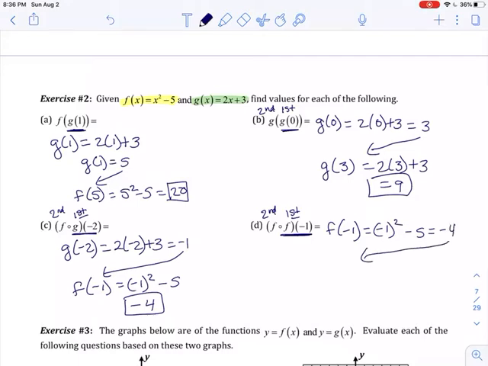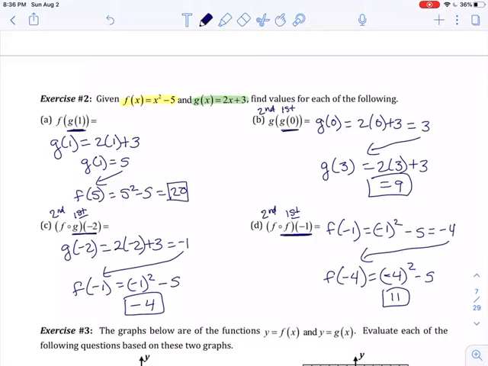Negative 1 squared is 1, minus 5 is negative 4. And that becomes my input. That output becomes my input for the second function, but my second function is also the f function. So f of negative 4 is negative 4 squared minus 5. That's 16 minus 5, which is 11.